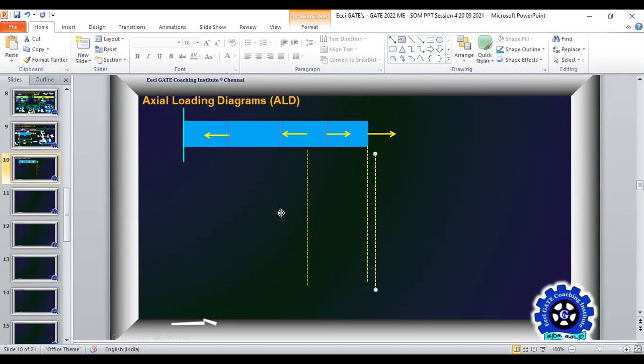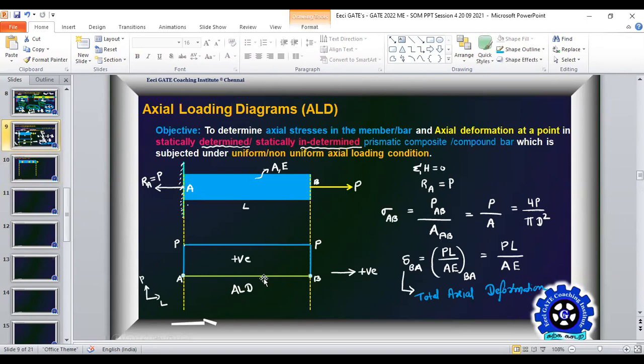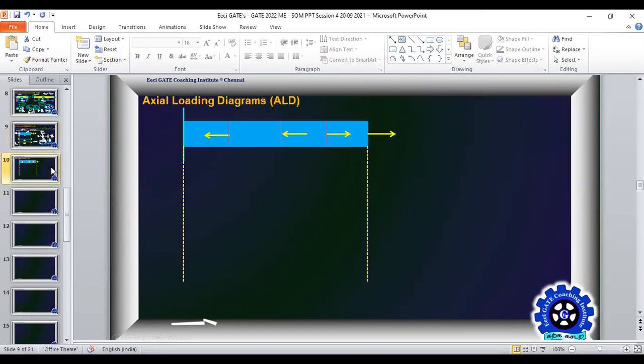Here, first draw these kinds of lines. After that, in the same manner, we can draw the figures. In all the cases, we need to draw SFD, BMD, whatever it may be. You need to follow the same. Is it okay?